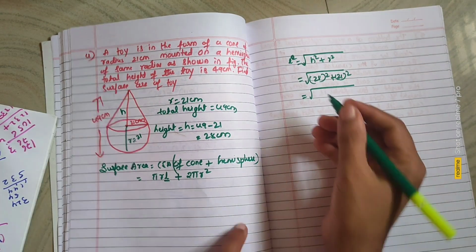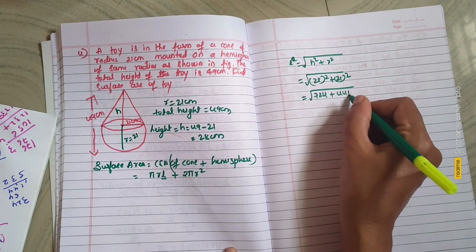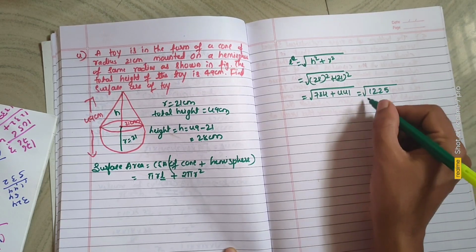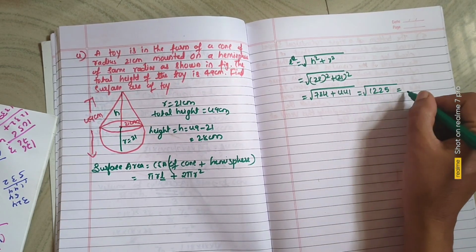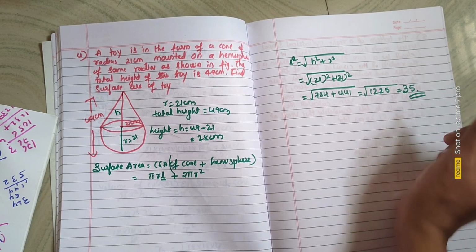Here 28 square is 784 plus 21 square is 441. The sum is equal to 1225. The root of this is equal to 35. So L is 35.